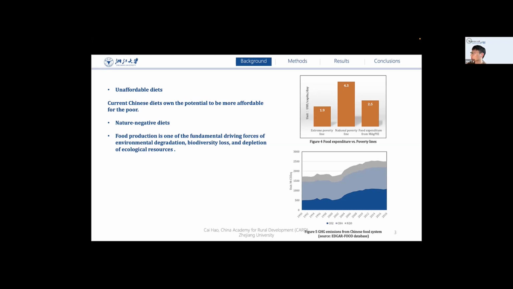This is an important topic of our research, because now in China there is no specific scheme for dietary transformation. There is a phenomenon in China because there are many poor people and many rich people, and some rich people are aware of the importance of dietary transformation, but the absolute amount of poor people is relatively large.